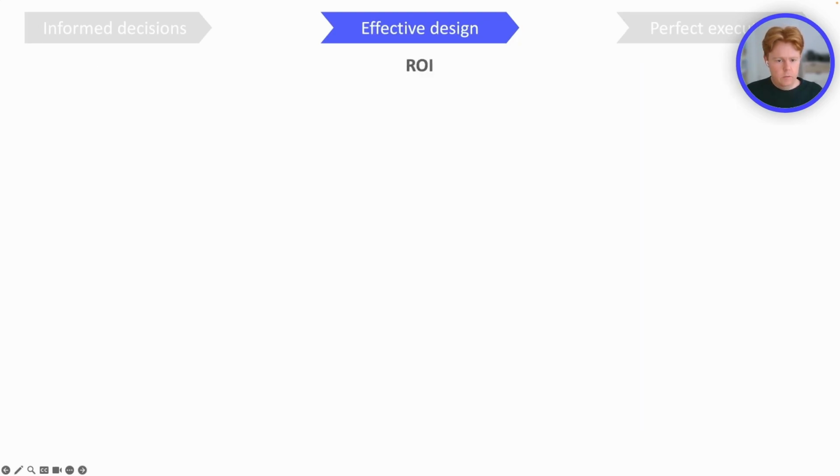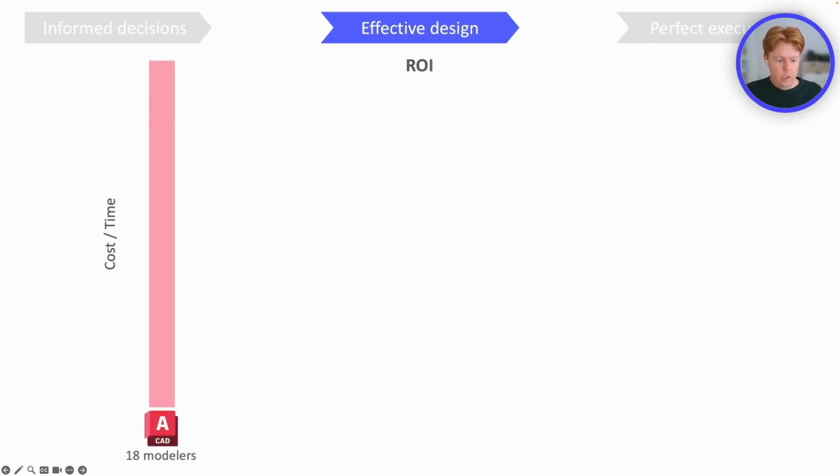So we had a lot of good results from all this automation. And we did an ROI, like I was talking about, and looked at what the case would be if we used other methods than what we're doing. Looking at AutoCAD, we expected about 18 modelers full time sitting and modeling in order to achieve the same result.